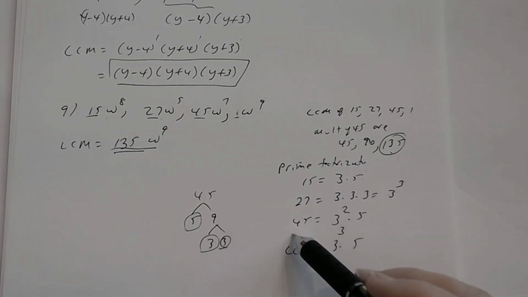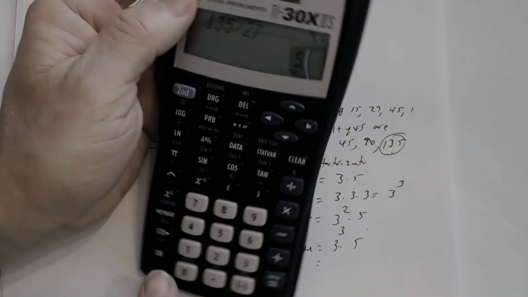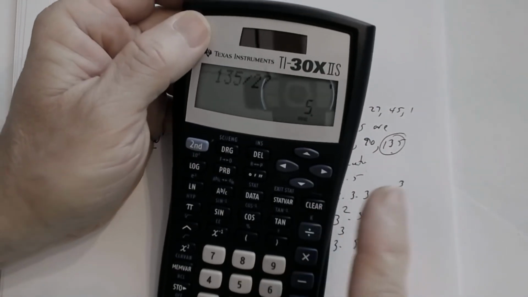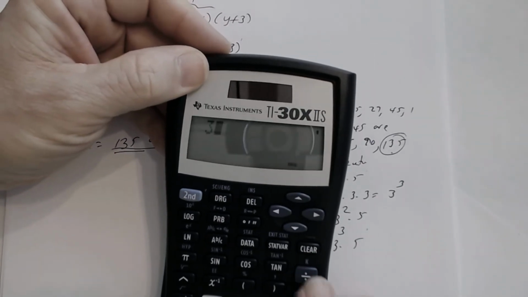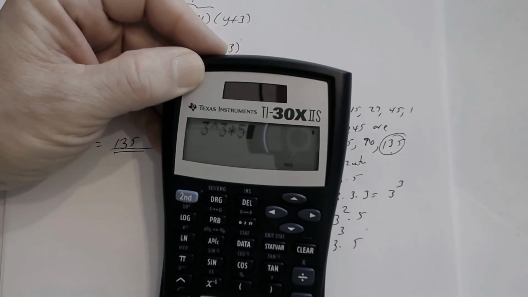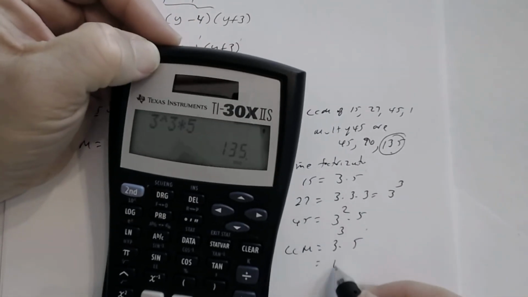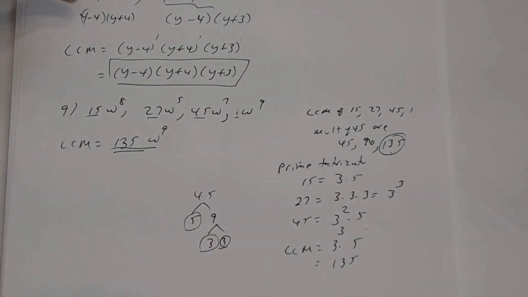How many factors are in 45? Just 1. So how many do you need? 1. So therefore the answer is 3 to the third times 5. Although 3 to the third is 27, you should know that. But if for some reason you just use your calculator, you would say 3 raised to the third times 5 equals 135. And that's what we said. Okay? All right, so that was number 9.